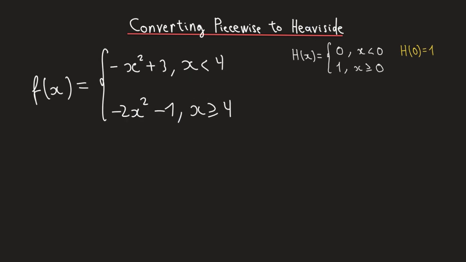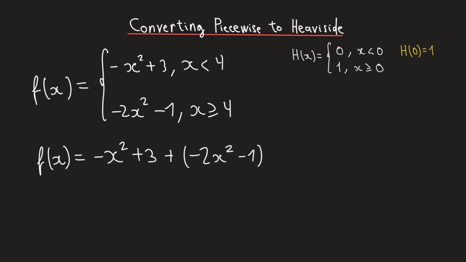And so let's quickly go through an example. We have this function over here, and in order to convert it into a Heaviside, we first express the first part of our function, minus x squared plus 3. And then we add the second part of the function, so minus 2x squared minus 1.